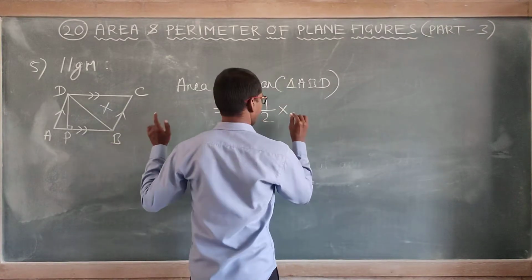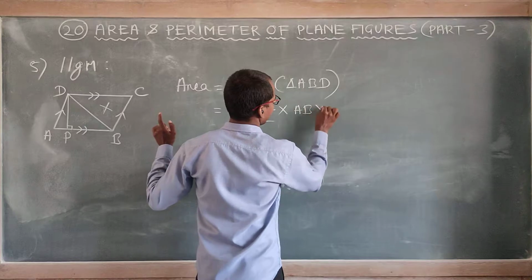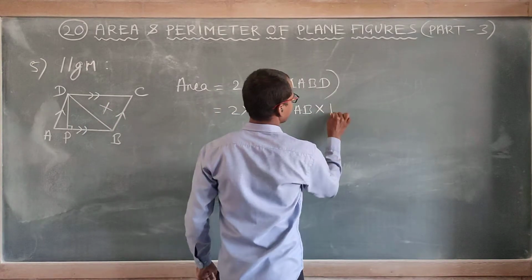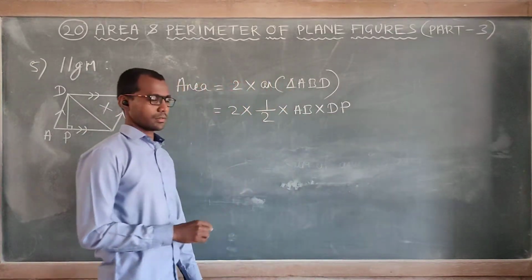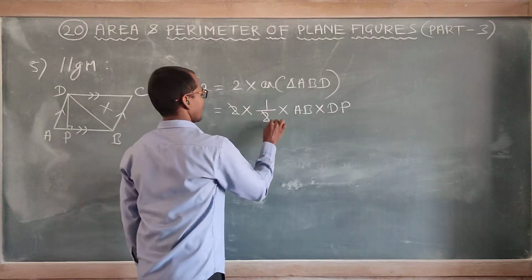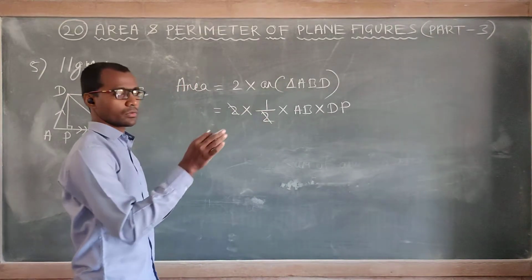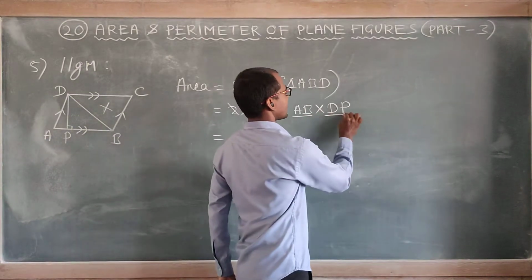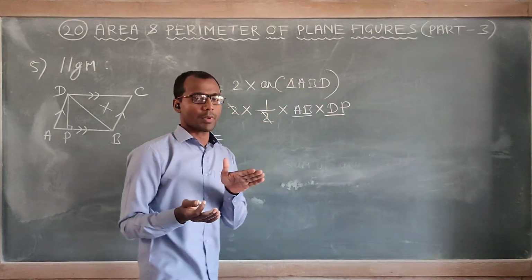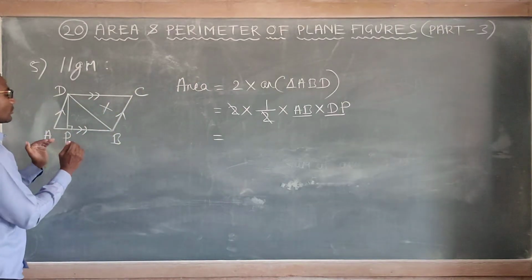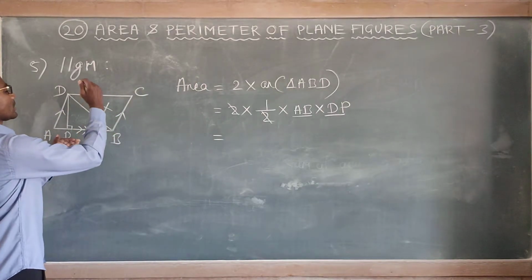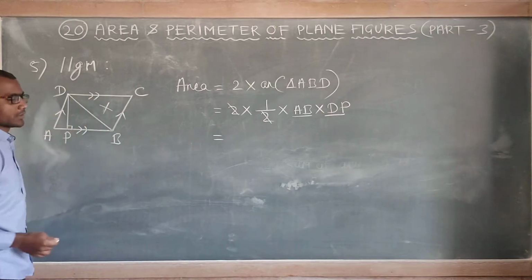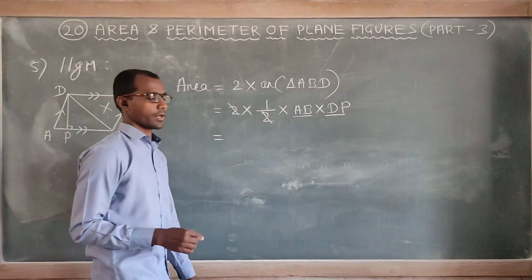What is the base? AB. What is the height? DP. So the 2 cancels, and we get AB into DP. AB is one side of the parallelogram, and DP is the distance between the two parallel sides, that is AB and DC, also known as the height of the triangle.